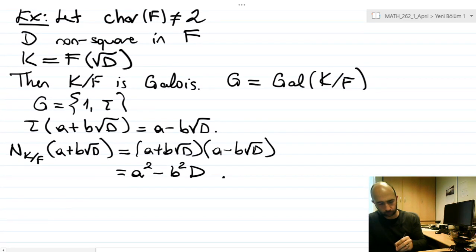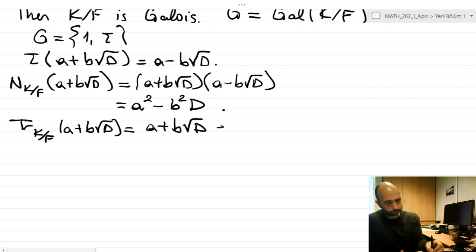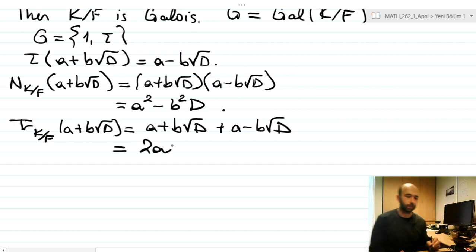Okay, let's also compute trace. This time you simply add them and you get 2a. So that's a perfect example where we know that it is useful, right? We saw these quite a bit of times in different settings.